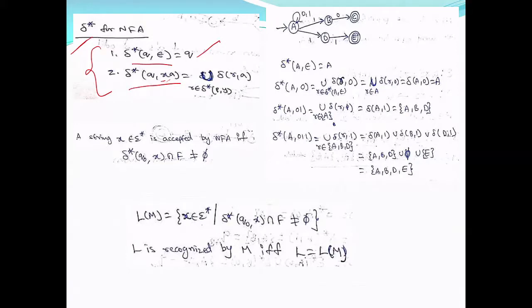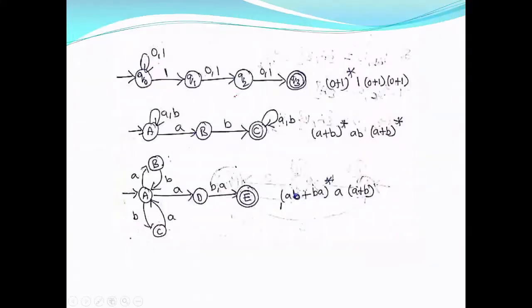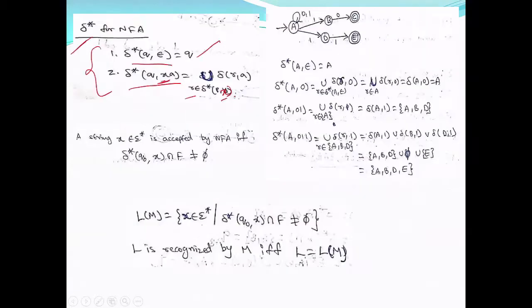First, you have to take the transitions on X. So your R belongs to delta star of Q comma X.